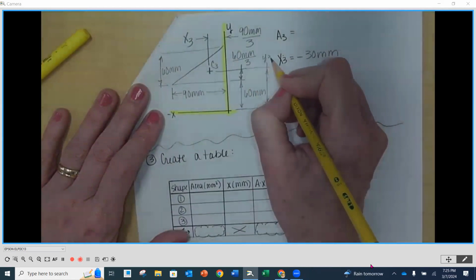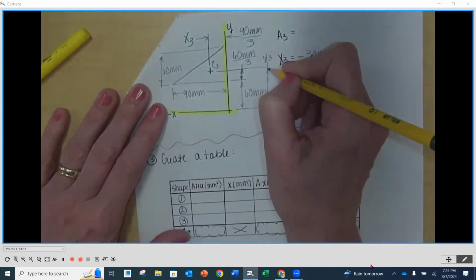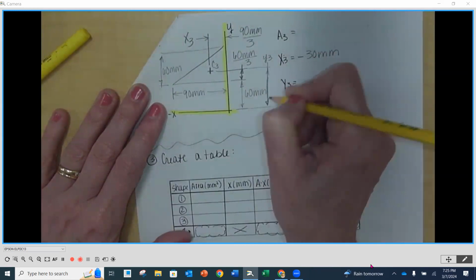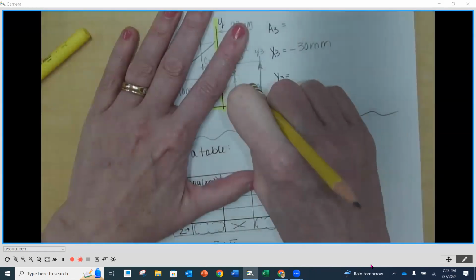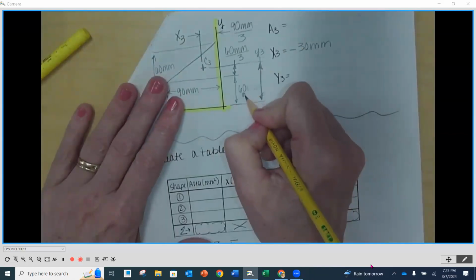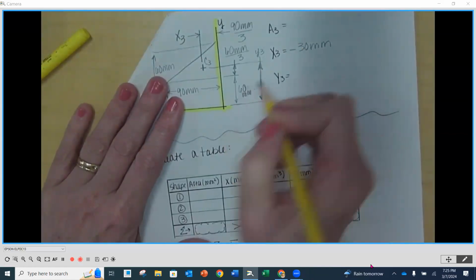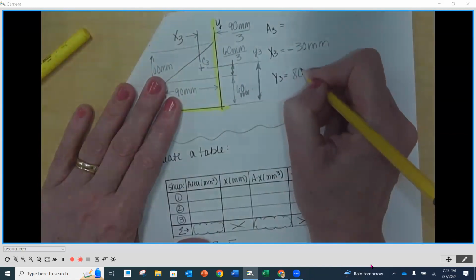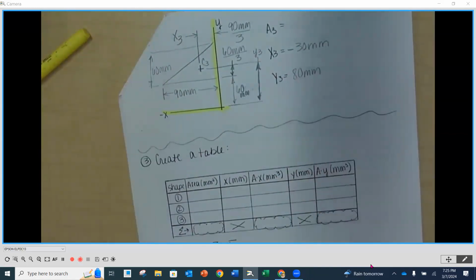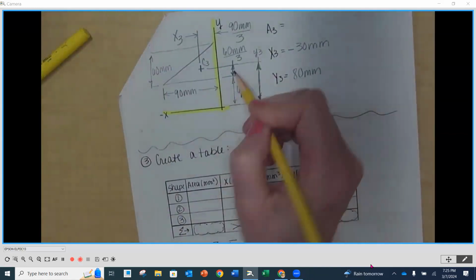This is my Y3. Does that make sense? I need more room. I always write too big. So this is going to be 80 millimeters. It's 60 plus 20.